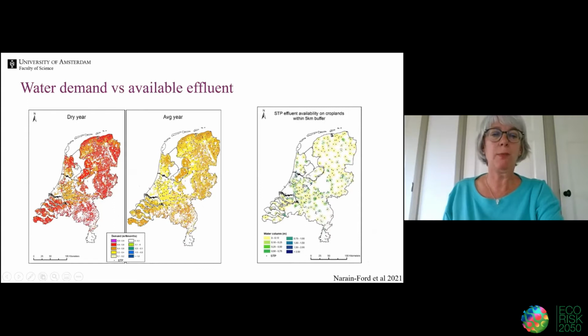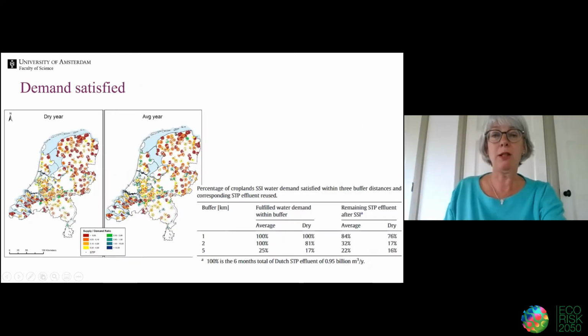This is the water demand in a dry year. This is the water demand in an average year. All these black dots are the sewage treatment plants. What we did is calculate how this sewage treatment plant effluent can help to satisfy the demand in several areas.